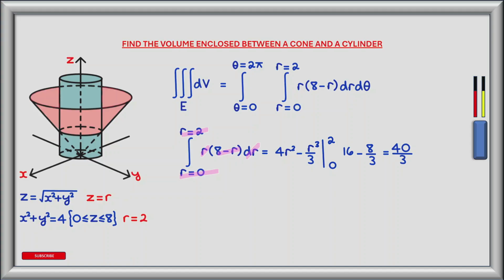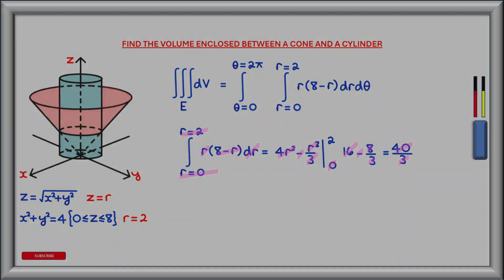And using the power rule to evaluate this integral, we get 4r squared minus r cubed divided by 3. And plugging in the limits of integration for this, we have 16 minus 8 divided by 3. And plugging in the lower limit of 0 yields 0. So we get 40 divided by 3.